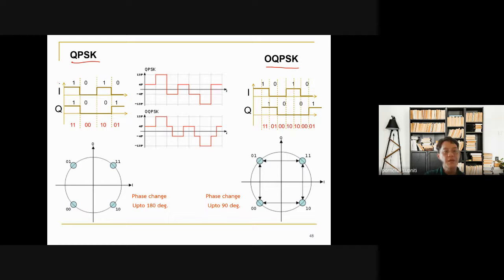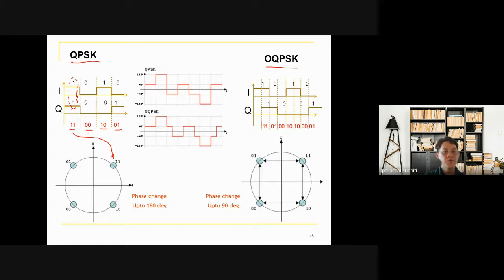Let's take a look at an example. Suppose we have the I bits as 1010 and the Q bits as 1001. Because we are sending 2 bits at a time in QPSK, we are sending 11, 00, 10, and 01. We match each symbol with the corresponding phase of the cosine that we send.